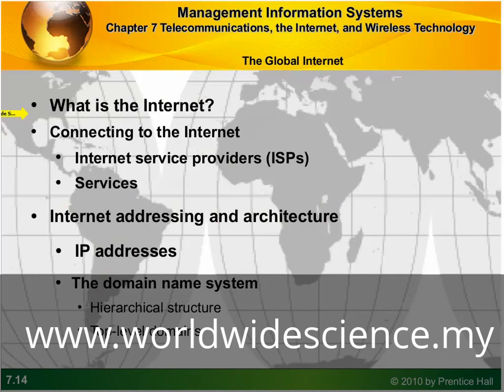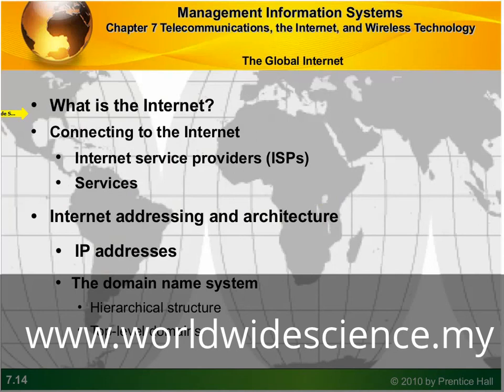So, what is the Internet? We already said the Internet is the biggest establishment of networks: hundreds, thousands, millions of client-server networks connected to each other make the Internet for us. Wherever there is a telephone line, you can use it to connect to the Internet all around the world.